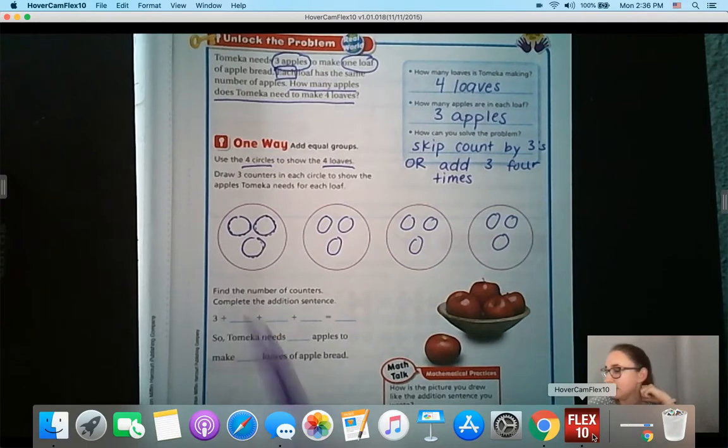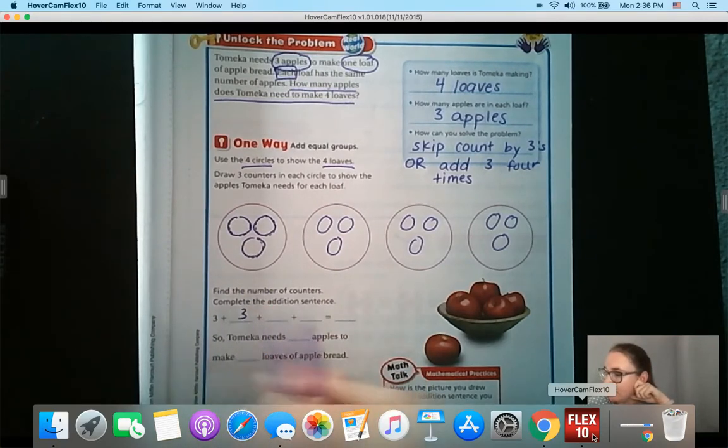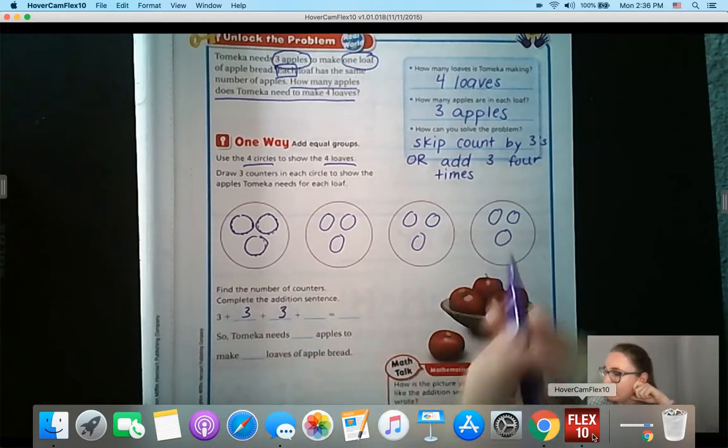All right, so next it says find the number of counters. Complete the addition sentence. So this is our one way that we're going to solve this, is by adding the counters. So in each one there's 3. So I know how many lines are there left. There's 3 lines. So 3 is here, 3 is there, plus 3 more here, plus 3 more there.